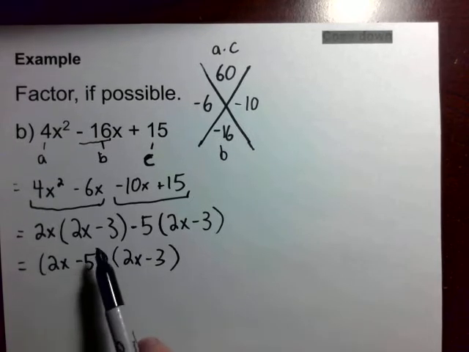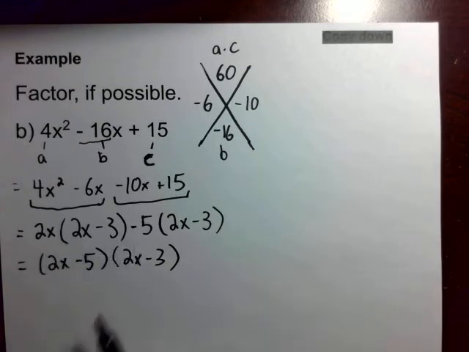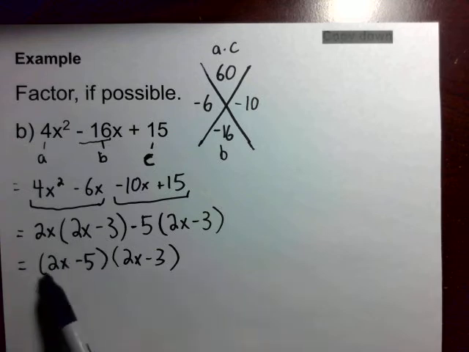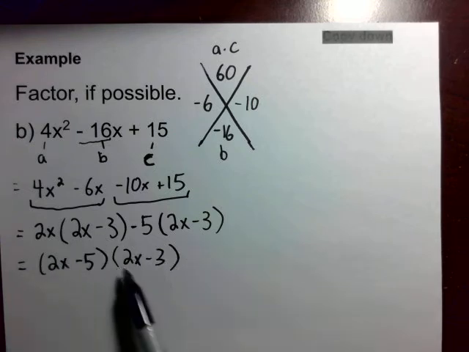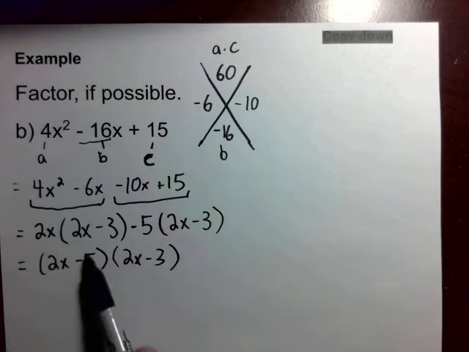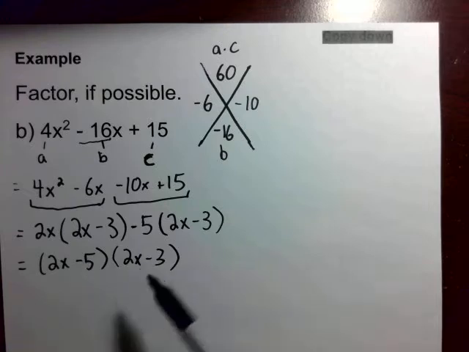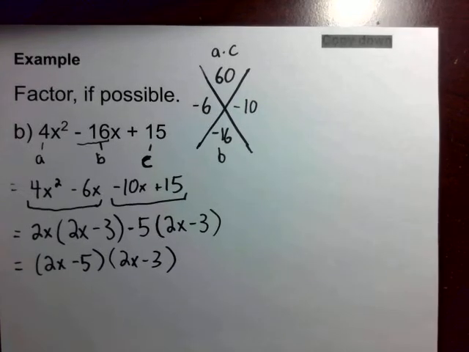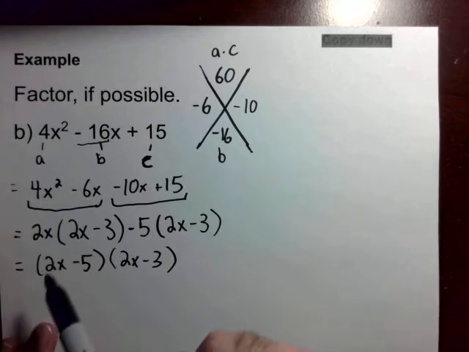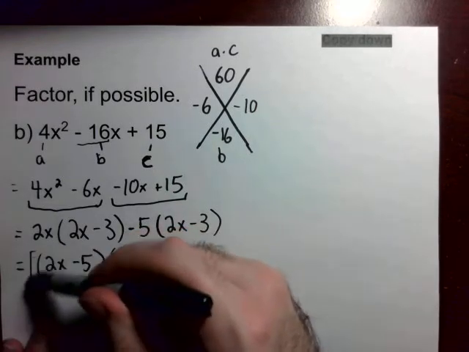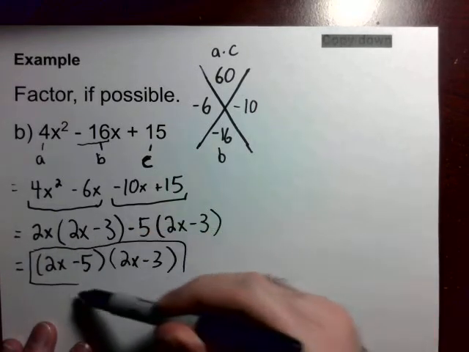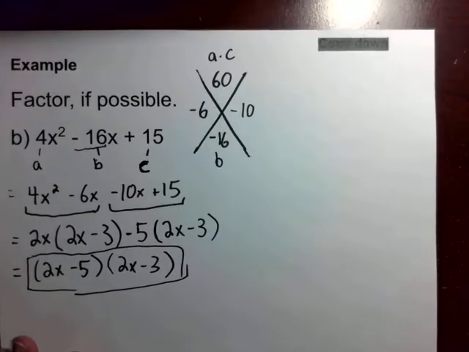And again, this works because this is like the distributive property in reverse. 2x multiplied by everything in this bracket, and then minus 5 multiplied by everything in this bracket. These two lines are the same. So this here would be the final answer, the factored version of this trinomial expression.